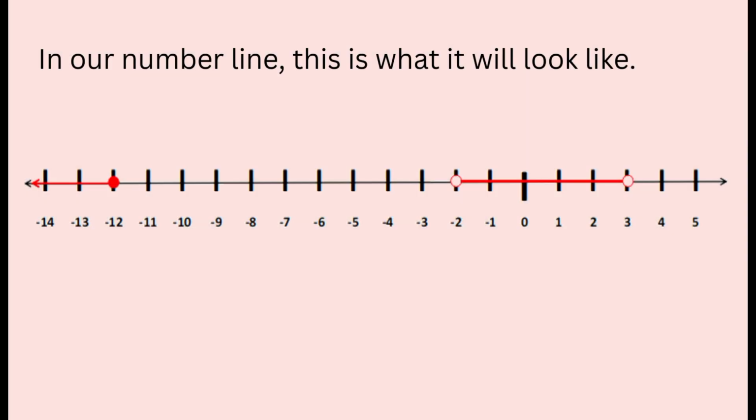Now, let us look at our number line. We can see that the negative 12 is shaded, and negative 2 and positive 3 are hollow, because negative 12 is the only critical number that is part of the solution.